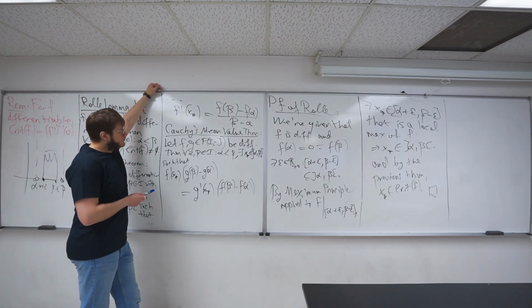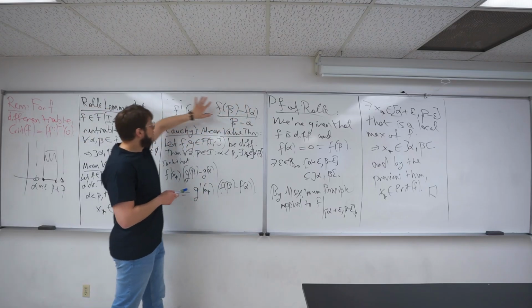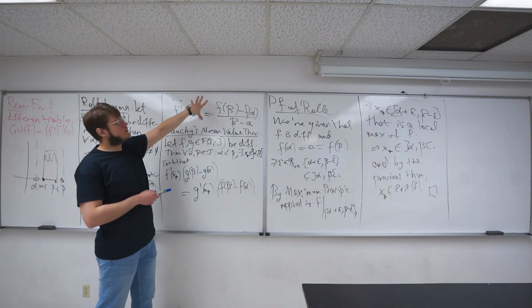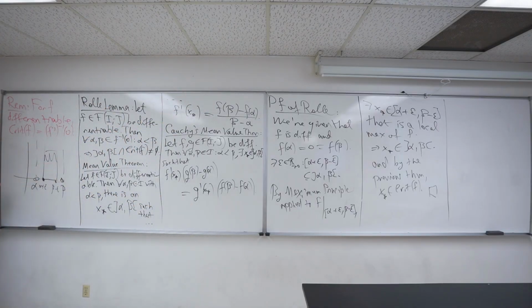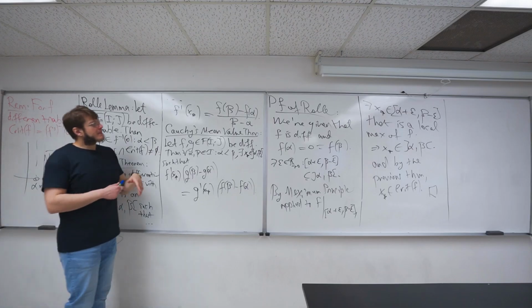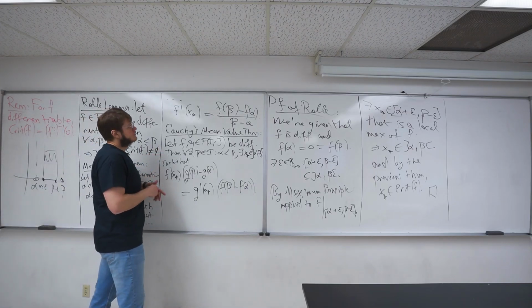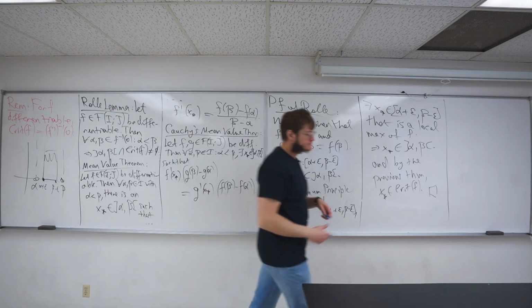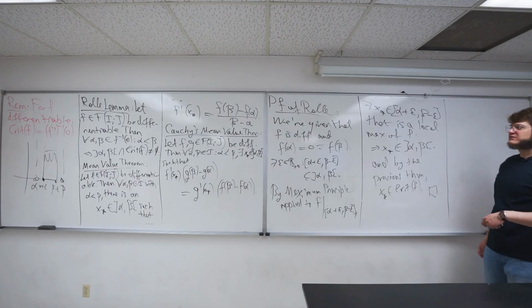If I want this equation to hold, and I want this to be equivalent to saying that x star is the critical point of some other function, then somehow I need that function to be such that when I differentiate it, it gives me a formula like this.